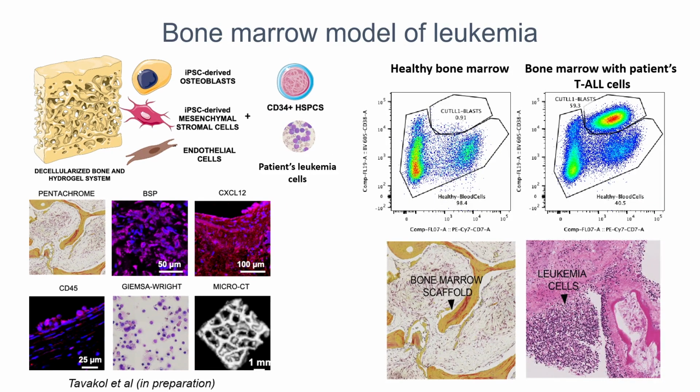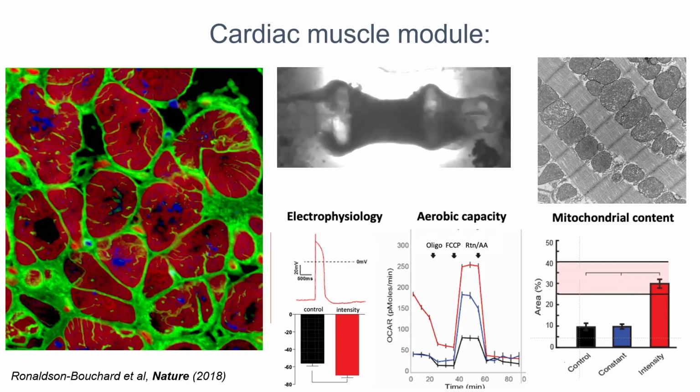But this bone marrow can also be used as a model of leukemia. So this is where we are collaborating with clinicians who are providing us with the patient's primary leukemic cells, and we are helping them to model the progression of disease and to test some of the treatment modalities. So this was tissue number one. Tissue number two is the heart muscle.